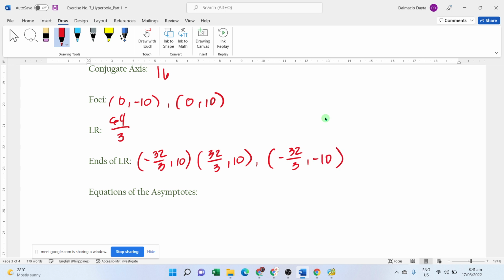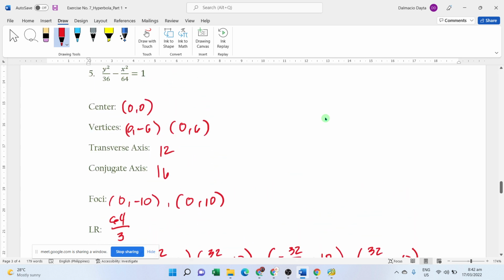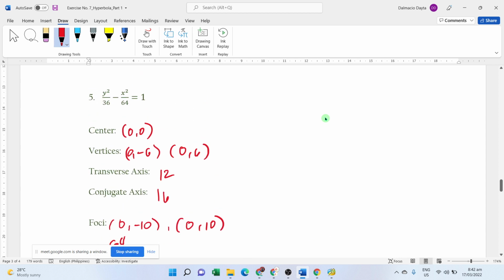Okay, next. 32 over 3, negative 10. Equation of the asymptotes. y equals positive negative 3/4 x po. 3/4 x. Okay, okay, let us check.